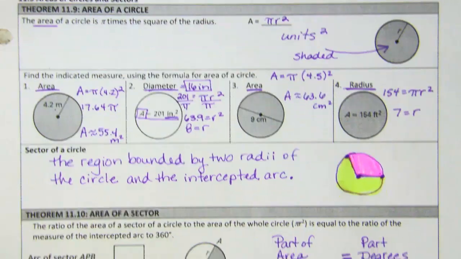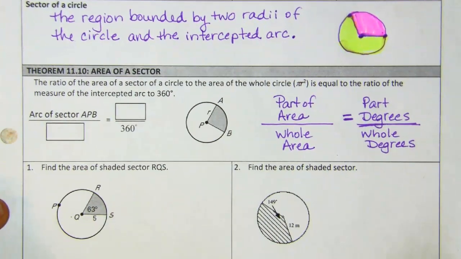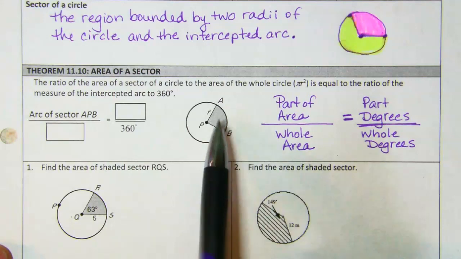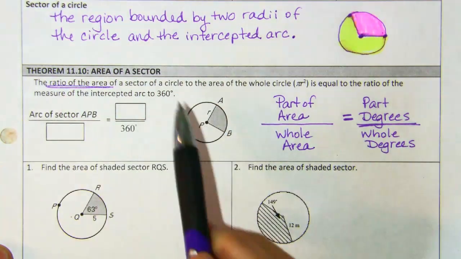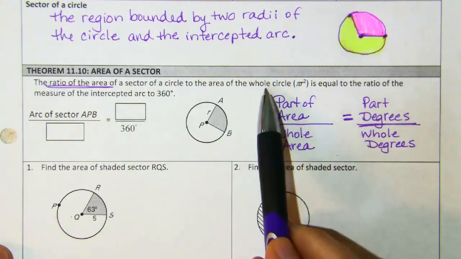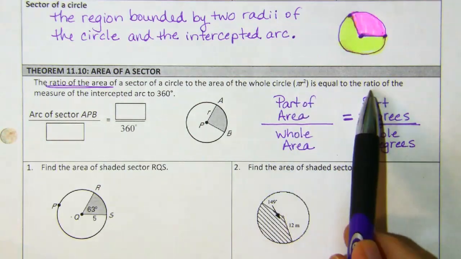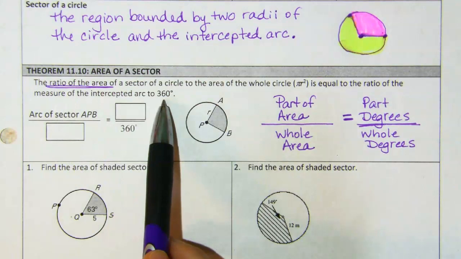So that's going to lead us to theorem 11.10, the area of a sector. So here is a good picture. They have shaded just one portion of the circle. And again, this is going to be dealing with the ratio of the area of the sector to the whole circle, which in this case is pi r squared, is going to be equal to the ratio of the measure of the intercepted arc to the whole arc.